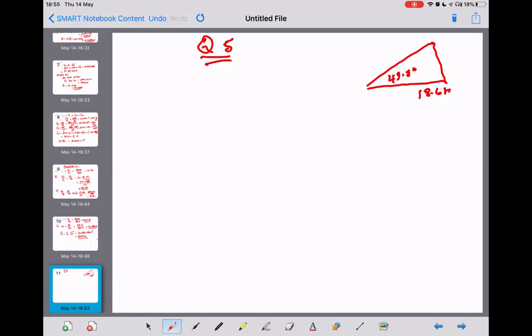I then used tan theta equals Q over P, which I rearranged to Q equals P times tan theta.